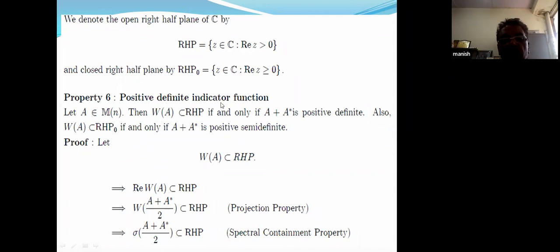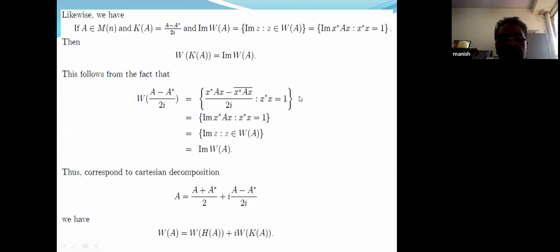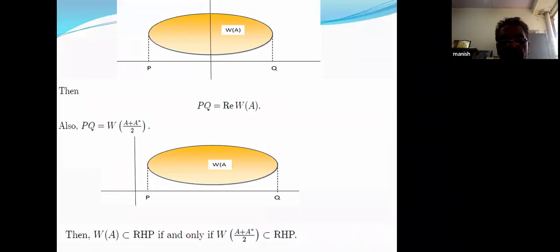Now we have this positive definite indicator function. If the numerical range is in the right half plane, then A plus A star is positive definite, and conversely. This is clear from this diagram. If the numerical range is in the right half plane, that is, W of A is in the right half plane, then by the projection property, this PQ is also equal to the real part of W of A. So PQ is also in the right half plane.